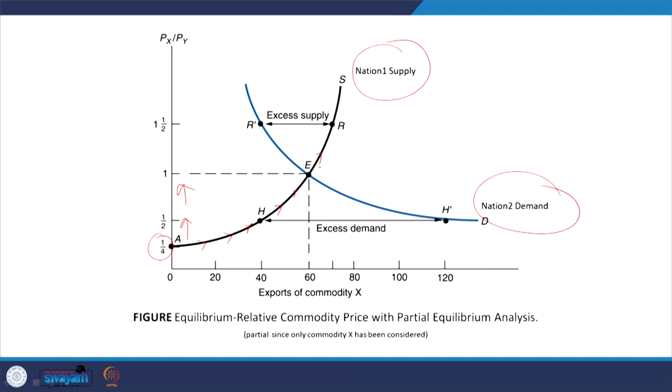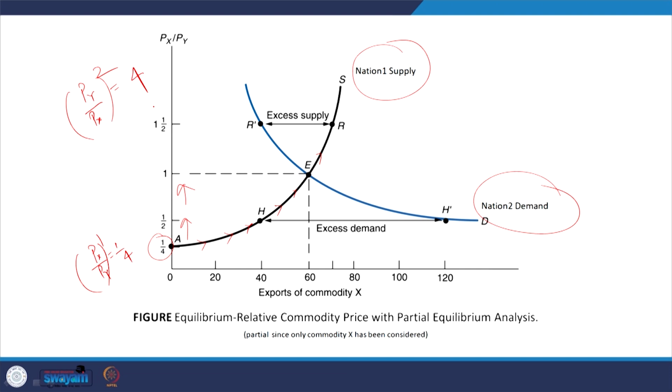Now, similarly, when the terms of trade for nation 1 is 1/4, the terms of trade in nation 2 is Py by Px. Since we are concerned with two countries, this is equal to 4.